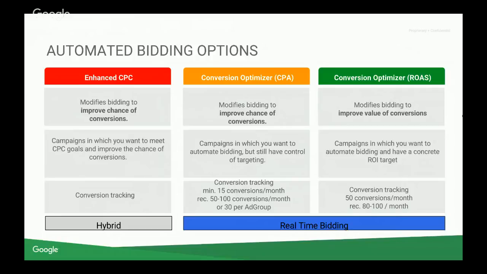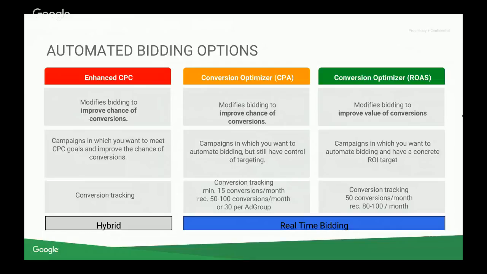Furthermore, for the conversion optimizer, we already said that you need to have some 30 conversions or minimum 15 conversions in the last month, but obviously it's recommended to have more, so 50 to 100 conversions a month ideally, or some 30 conversions per ad group. And in campaigns in which you want to have your automated bidding, you can still have your control over the targeting.